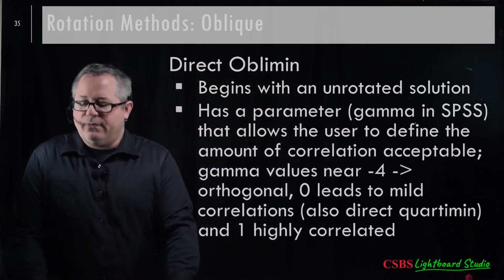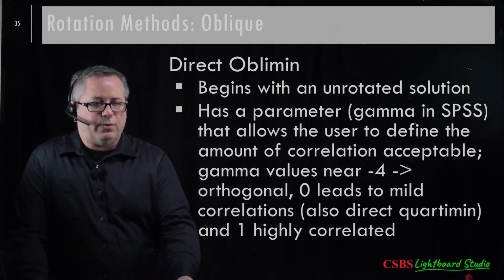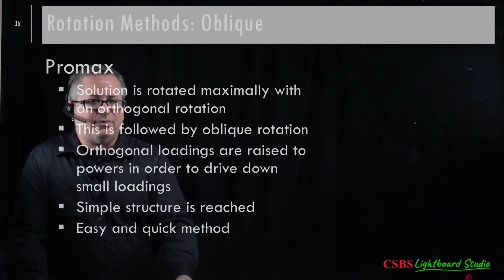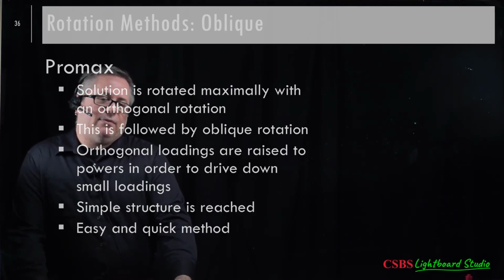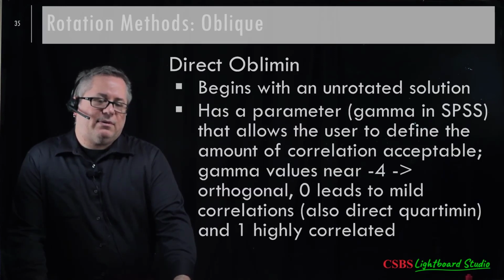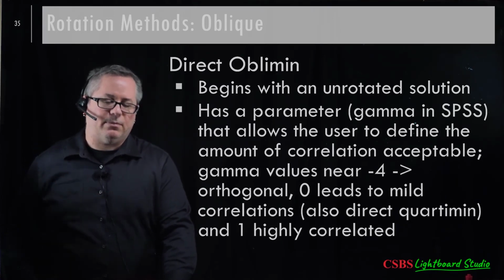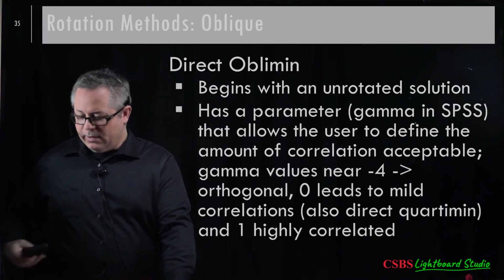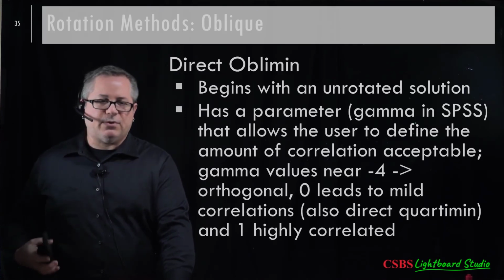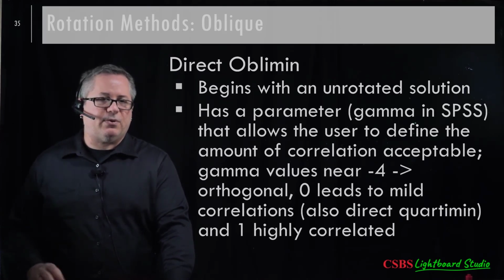You would use this or Promax for similar but different goals. If you think your factors are correlated, you can start off with that assumption that they're correlated and let them start to correlate right away.